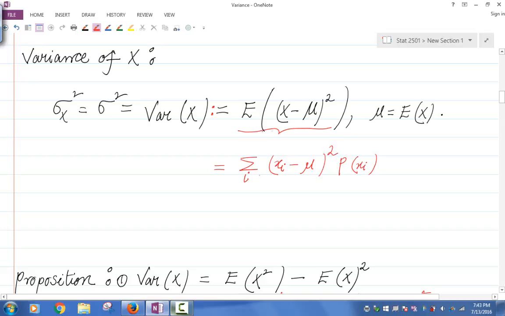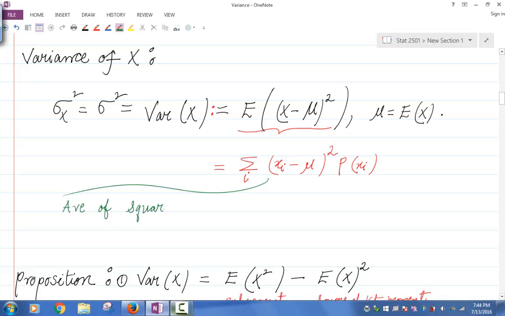So what is this measuring? What this is measuring is the average of squared deviations from the mean.